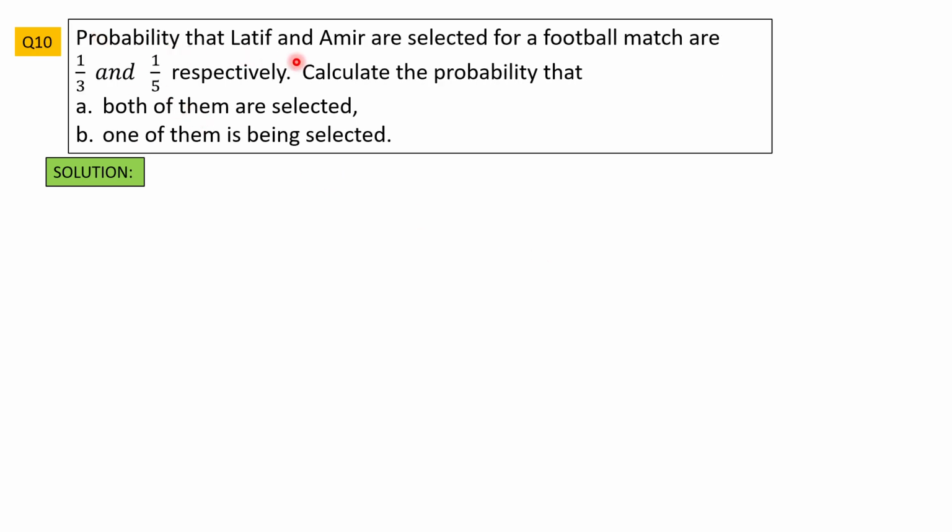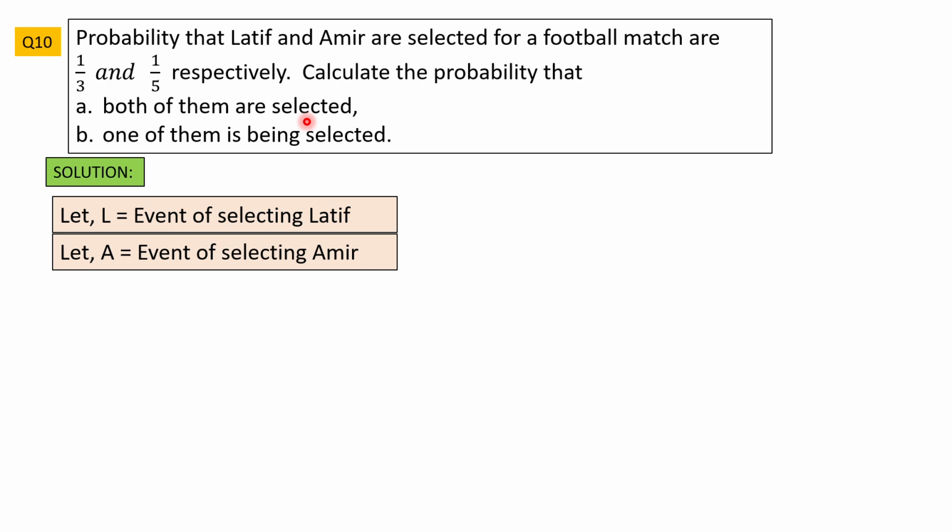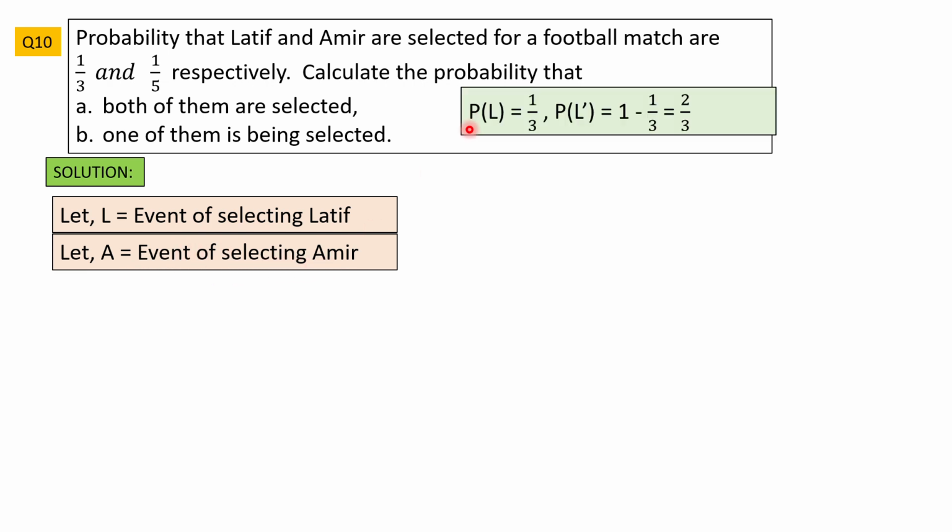The probabilities that Latif and Amir are selected for a football match are 1 over 3 and 1 over 5 respectively. Calculate the probability that both of them are selected. Before that, we define the events. Let L be the event of selecting Latif and A the event of selecting Amir. Here you are given the probability that Latif is selected as 1 over 3.